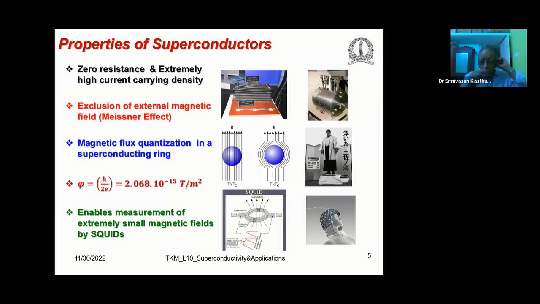Now, with two such Josephson junctions, one can form a loop, and you can pass a current through it, through which a certain amount of magnetic field can be present. Some small magnetic field can be there in this loop. Now what happens if I pass an external magnetic field through the device?